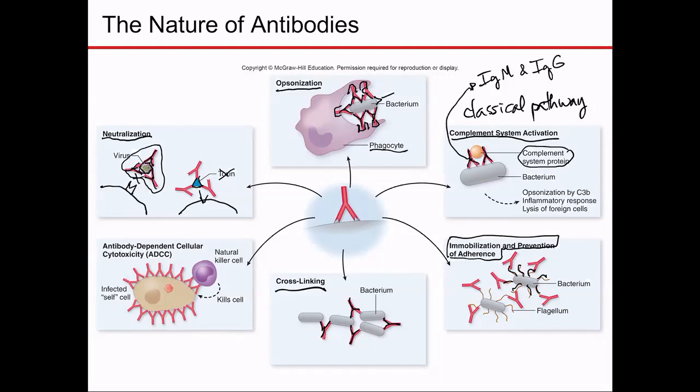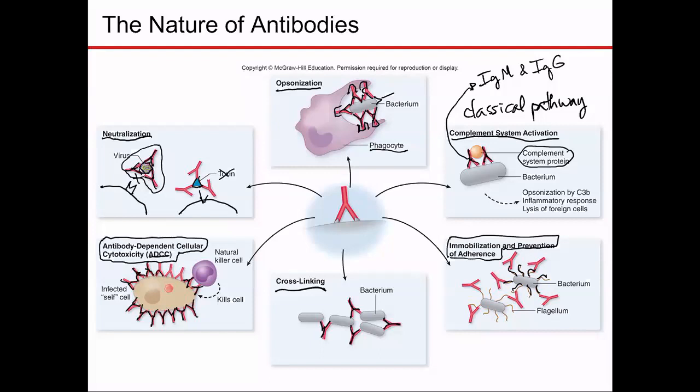And then the final function that antibodies can have is antibody-dependent cellular cytotoxicity, ADCC. In this case, we're talking about antibodies that bind to the surface of a cell that maybe is infected with a virus, or maybe this is a cancerous cell that is abnormal, and those antibodies are able to recognize that abnormal cell.